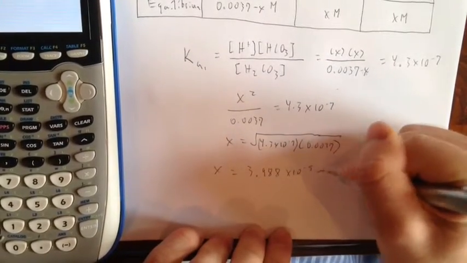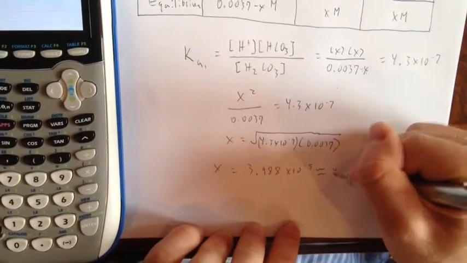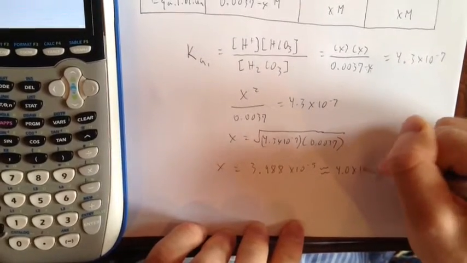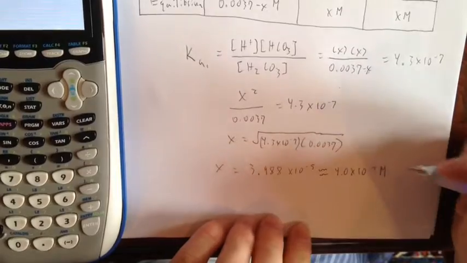This value is rounded to 4.0 times 10 to the negative 5th molar.